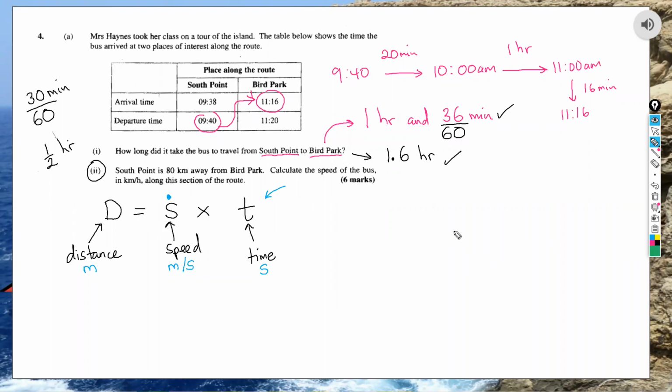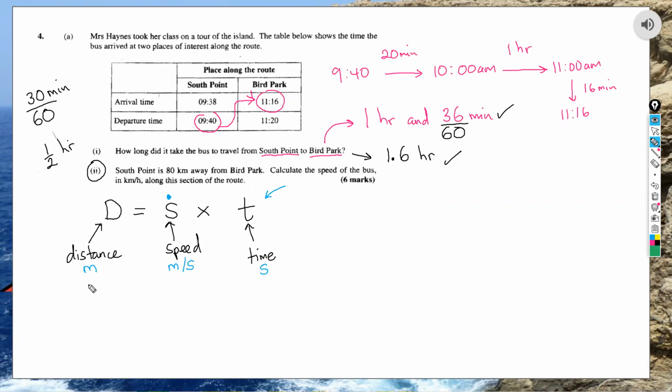Now, there's another option here, right? Sometimes the examiner doesn't want the distance in meters, the time in seconds, or the speed in meters per second.